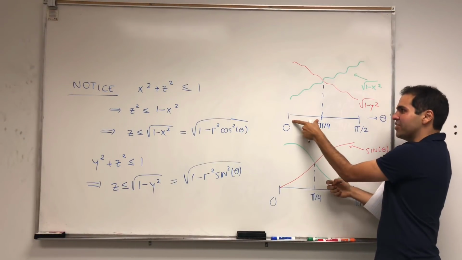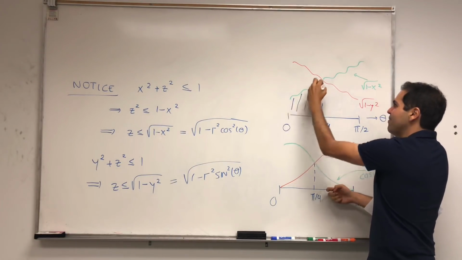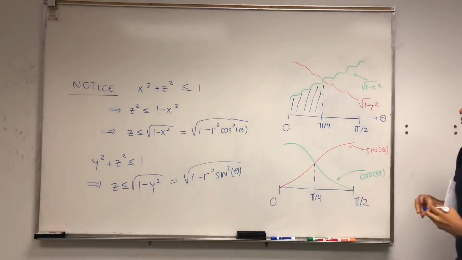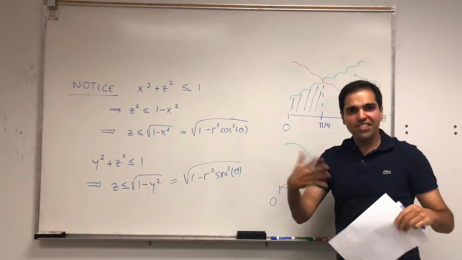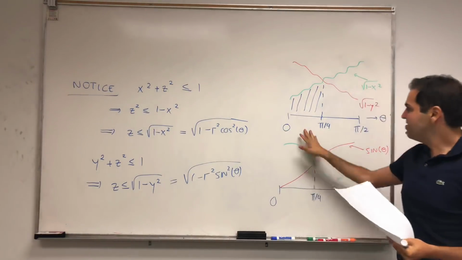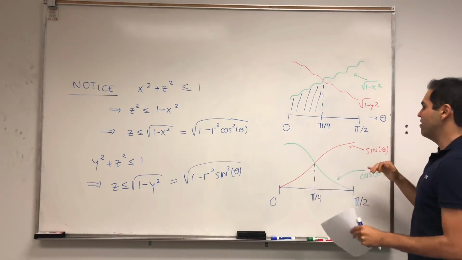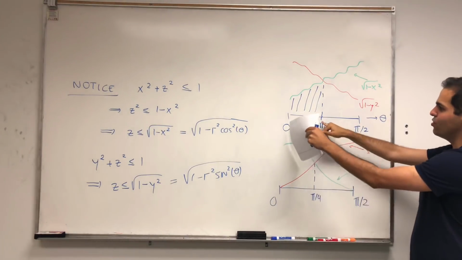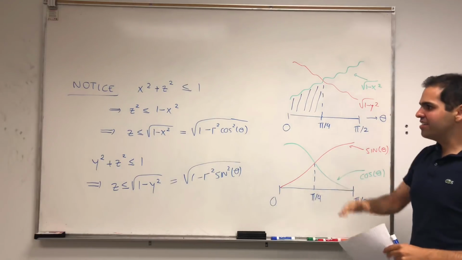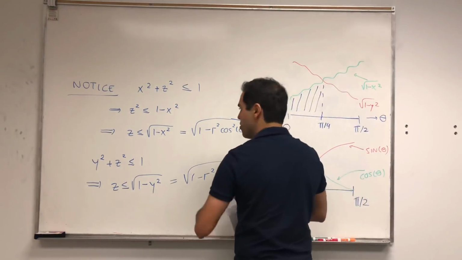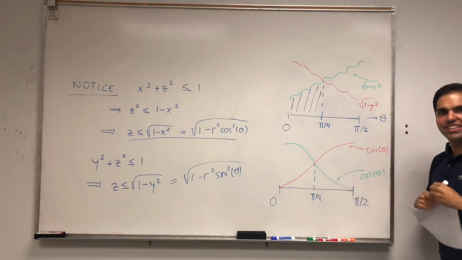So in this interval, it's easy to find the smallest one, namely the square root of 1 minus x squared. This becomes even easier than before. Instead of saying theta is between 0 and pi over 2, let's assume theta is between 0 and pi over 4. Then we don't need to care about the other equation anymore. We can just use this equation.